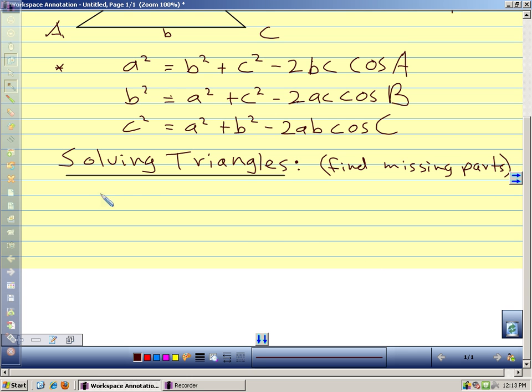We use the law of cosines in two cases. The first one is when we have two sides and an angle between them.